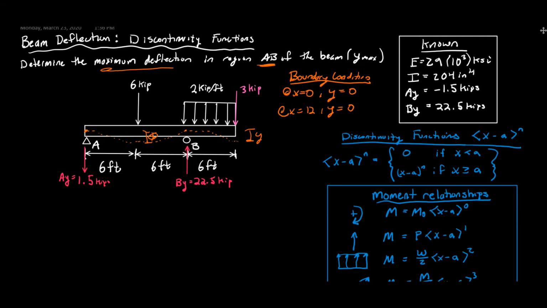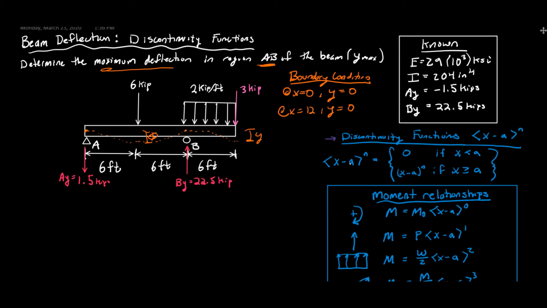So what we're going to be using for this is something called the discontinuity functions. I put out a little chart over here. Basically what happens is we make these angle brackets, and if my a value, which is where I am with a certain load on the beam, is greater than x, where I'm looking at, it's going to be 0.